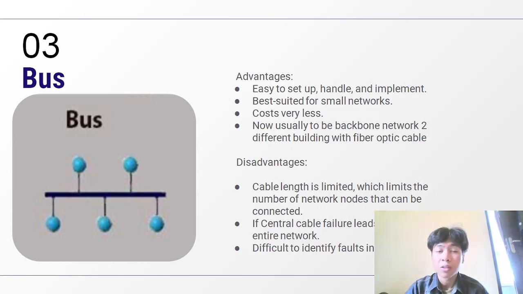And then the disadvantages of this network topology. Number one, cable length is limited, which limits the number of network nodes that can be connected. Number two, if the central cable fails, it leads to failure of the entire network. Number three, it is difficult to identify faults in the network nodes.